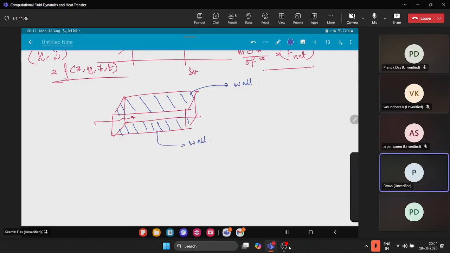Then your gas plus solid is entering the domain. One approach is to consider both as an Eulerian phase, which is called the Euler-Euler multiphase approach.